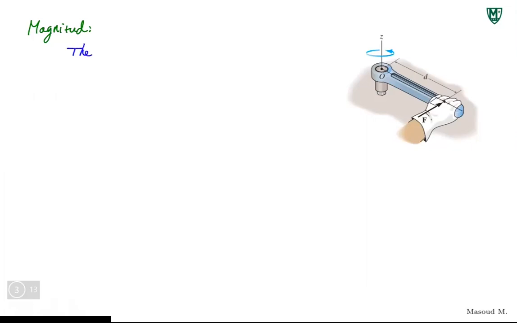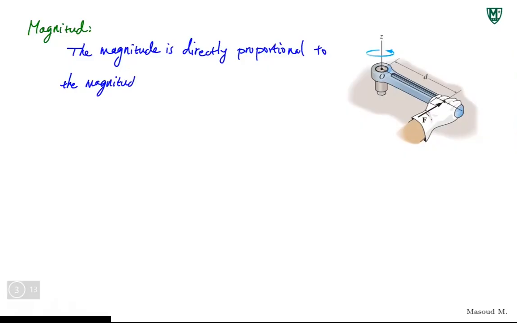The magnitude is directly proportional to the magnitude of the force, right? Force is a vector. Magnitude of force that is generating this moment, and the perpendicular distance.